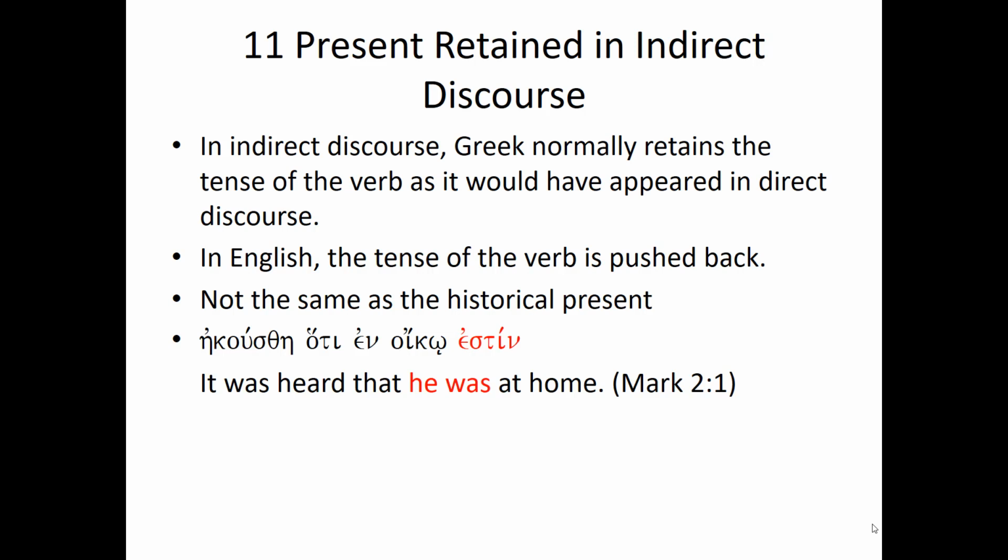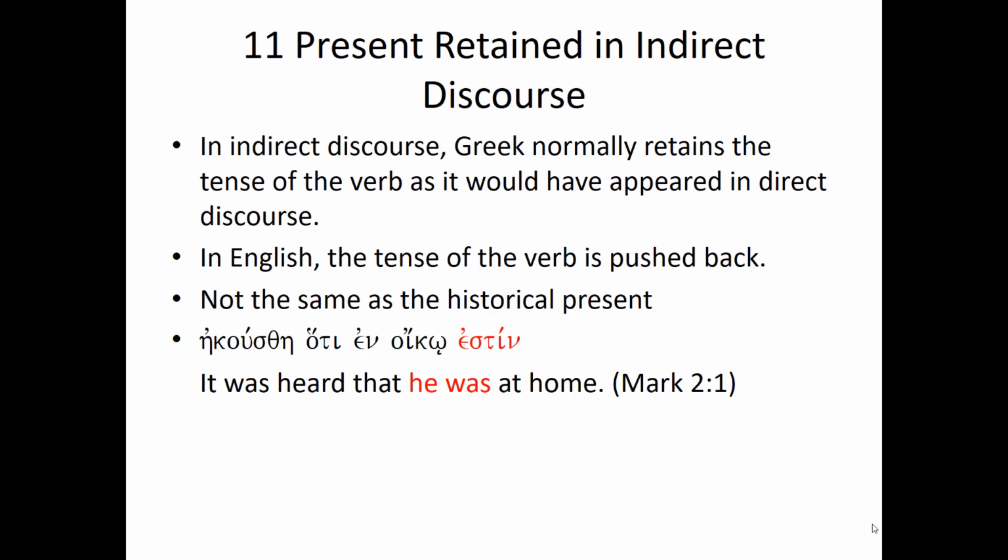It's not the direct words that were said, but it's a report. It's this indirect discourse. So in English, here we would say he was at home. It was heard that he was at home. But what Greek did is it kept it in the present tense. It was heard that he is in the house. He is at home. So Greek tends to retain that present tense, whereas in English we would push it back.